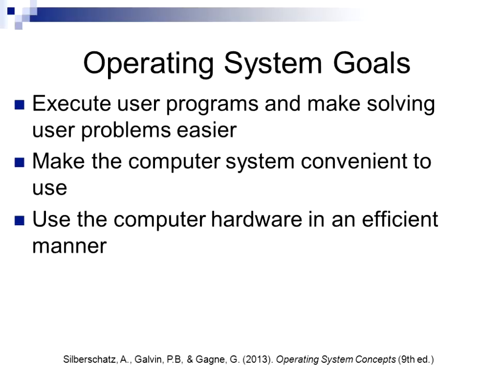So what's easy for one person might not be easy for another person. What's useful is different depending on the user. Okay, what's convenient is different depending on the user. And then sometimes there are conflicts between making it efficient versus making it easy to use.